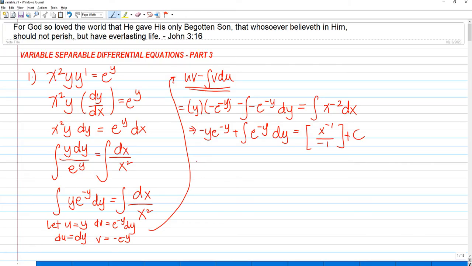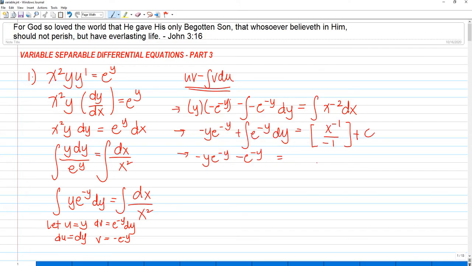Okay, so what will happen is that we have now negative y e raised to negative y. The integral of this would be negative e raised to negative y. If we simplify, we know that this would be negative 1 all over x, plus c.